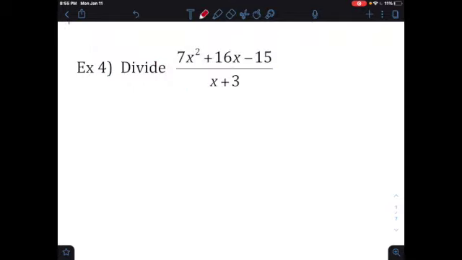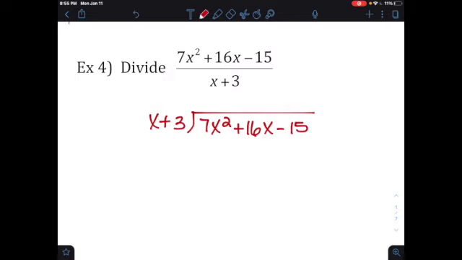Example number 4. 7x squared plus 16x minus 15 has to be inside. Plus 16x, the division symbol, minus 15. And x plus 3 is outside. Then you look at the very first one. X times what gives you 7x squared? Well, x times 7x gives you 7x squared.